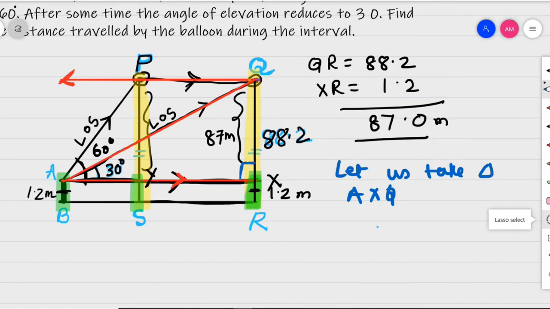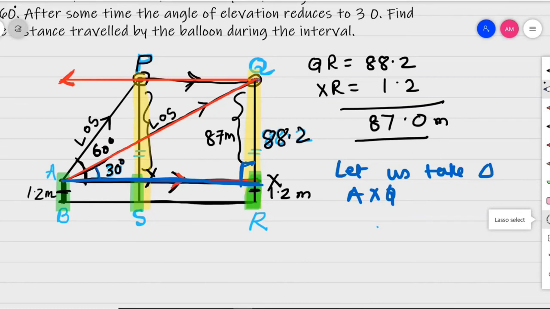This one is 90 degrees because QR is the vertical line from the ground, the vertical height of the balloon, and this AX is the horizontal line from the eye of the girl. So you can say that angle X is 90 degrees.